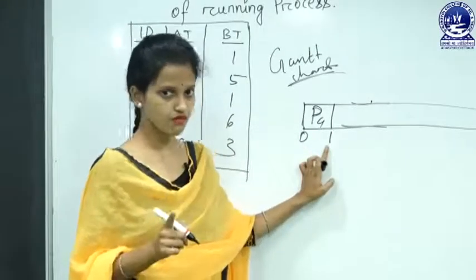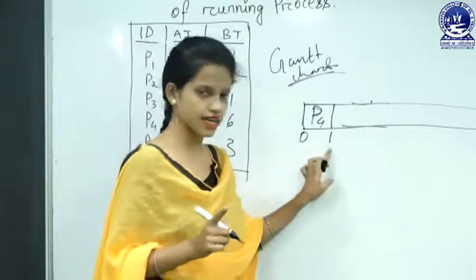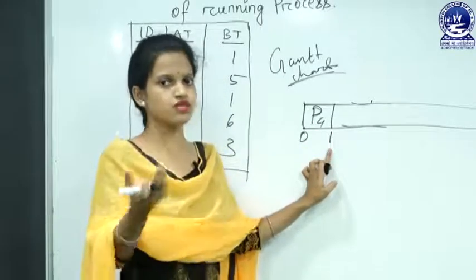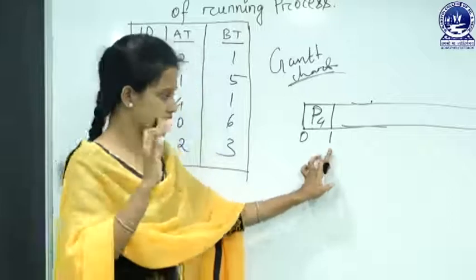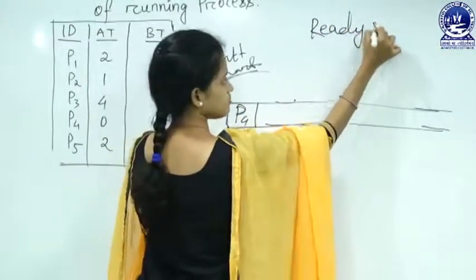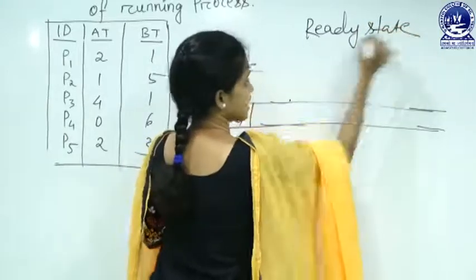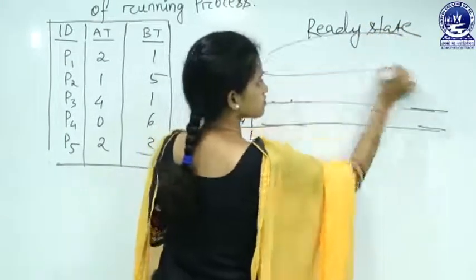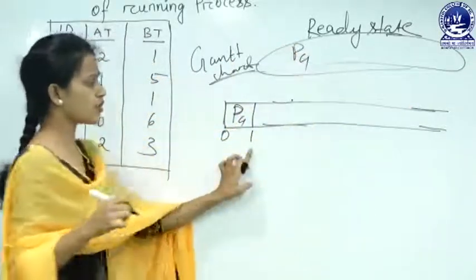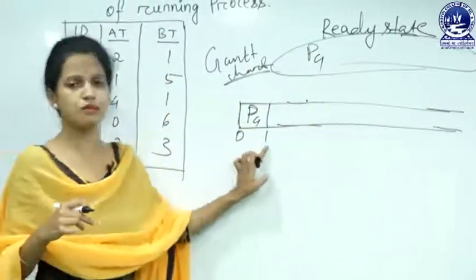So at 1 millisecond, we have to check: is there any newly arrived process at the ready state? Now in the ready state we have only P4, and P4 has already completed 1 millisecond of execution.